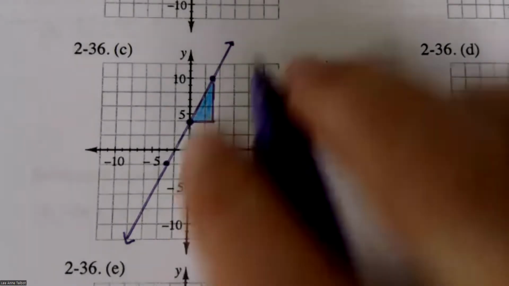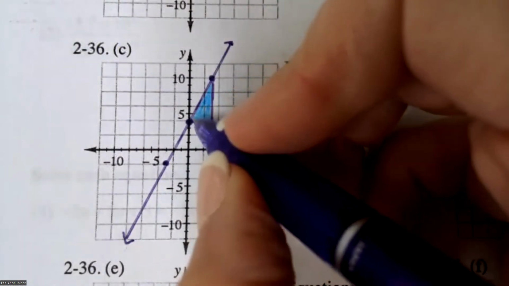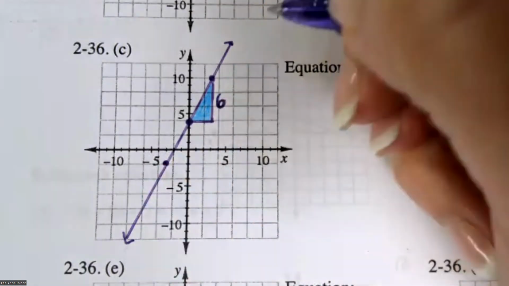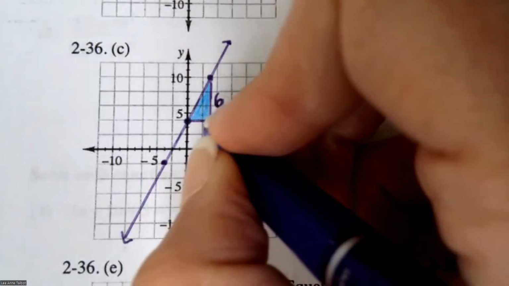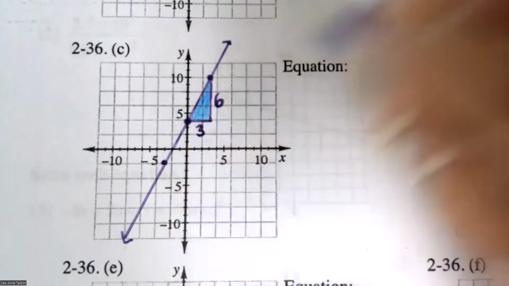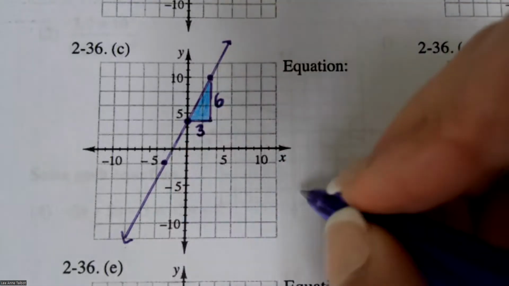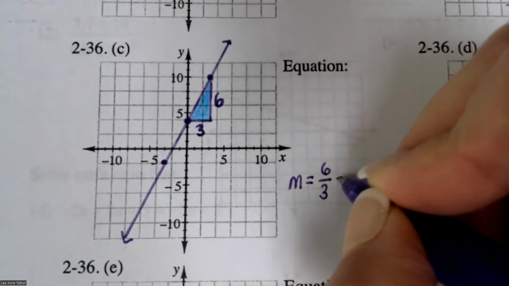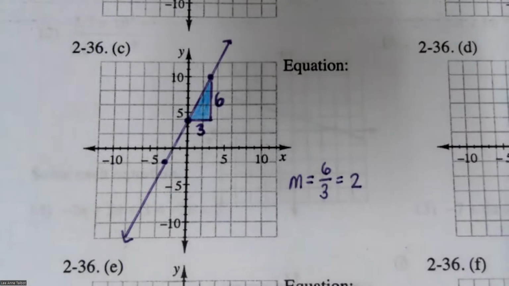Okay, what is the height of my slope triangle if this is 4? 6. And what is the base? 3. Okay, so the slope is rise over run. 6 divided by 3 is 2. Is it a positive slope or negative slope? Positive. Okay, I just want to put that in your mind so you don't forget.